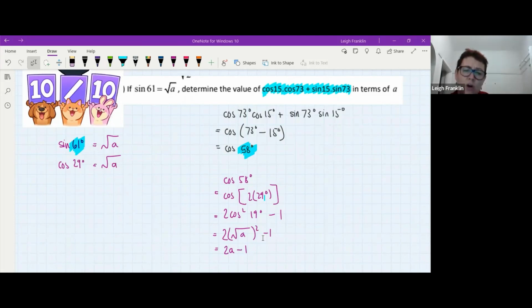The question is not asking you if you know that the square root of a squared is a. If this was a test and you were in my class, I think I would give you the marks. And then I would just say, make sure next time you write it as a and not as root a squared. But if you've got that far, you understand the concept, and that's the most important thing.